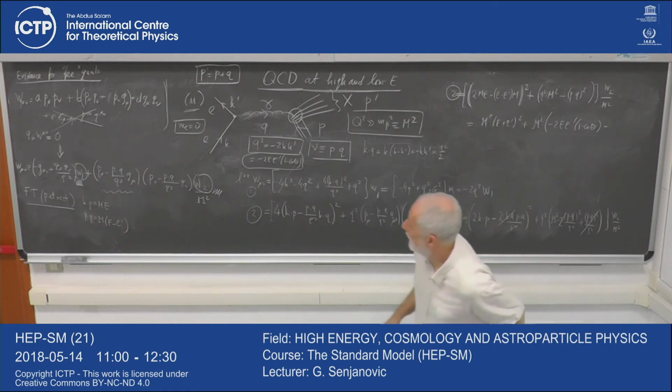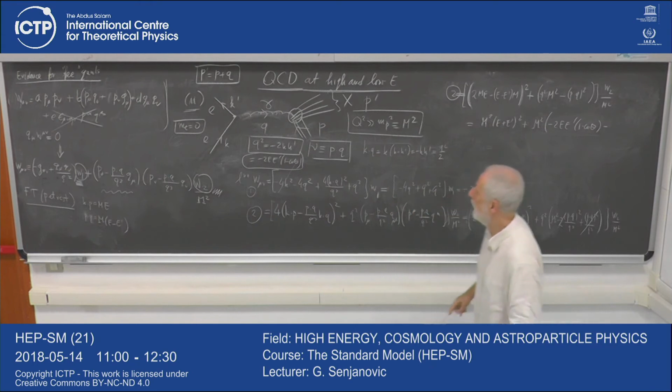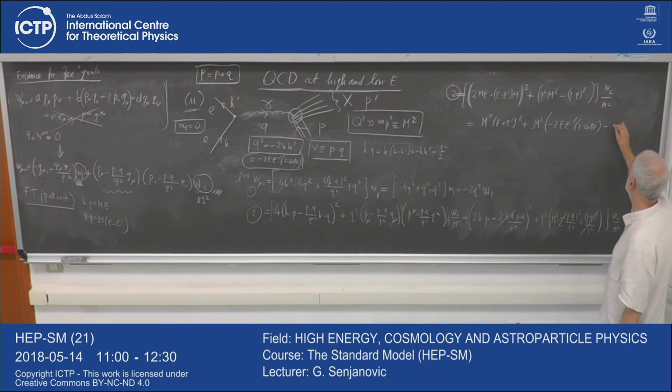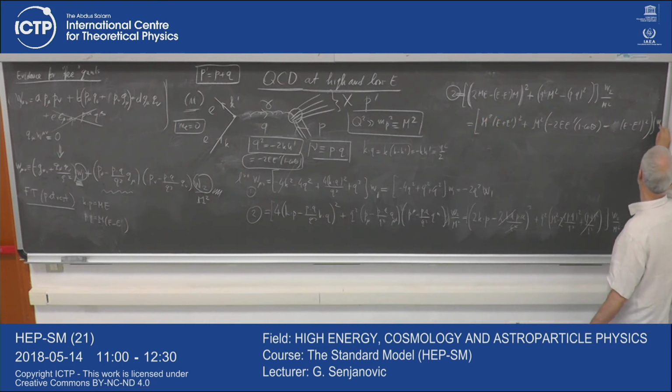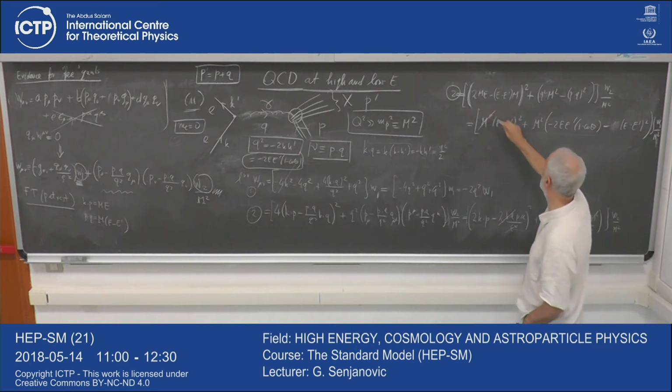Where is it? M E prime minus M square, I took out E minus E prime square. W2 over M square. M square cancelled.